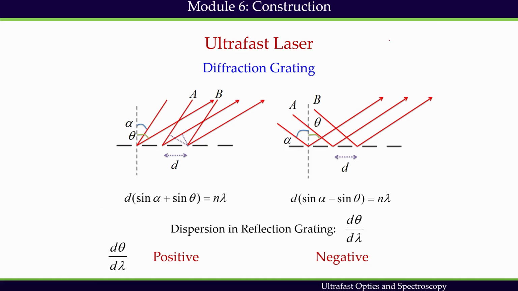So, if I have a flat surface, we prepare slits like this, we make grooves, and this surface becomes grating surface. Slit sizes are comparable to the wavelength of the light.